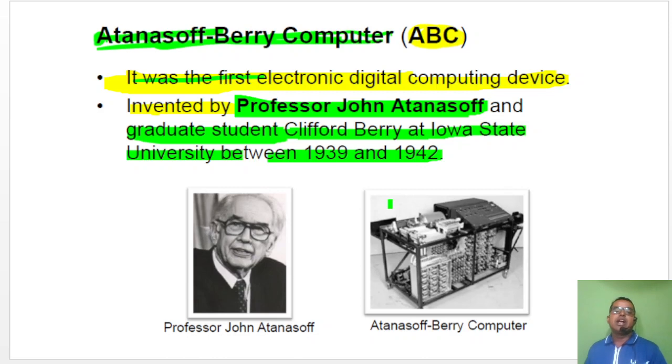Remember this one. Atanasoff-Berry Computer was the first electronic digital computing device, that is ABC. Abbreviation also very important. First digital computing device is also important. Who invented this one? Professor John Atanasoff and graduate student Clifford Berry at Iowa State University between 1939 and 1942.